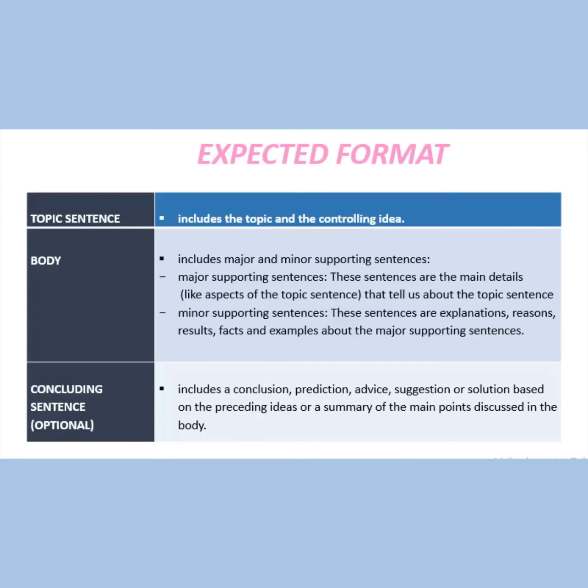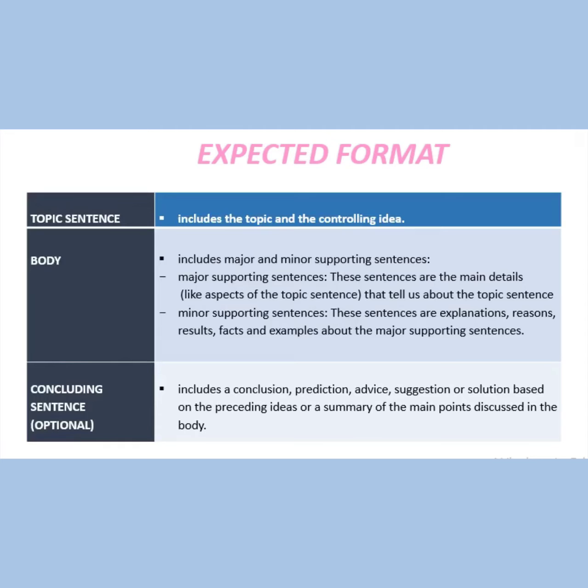Here is the expected format. The paragraph starts with a topic sentence which includes the topic and the controlling idea. In this part, you state the topic and give your opinion clearly. Body part includes major and minor supporting sentences. As you all know, major supporting sentences are the main points.